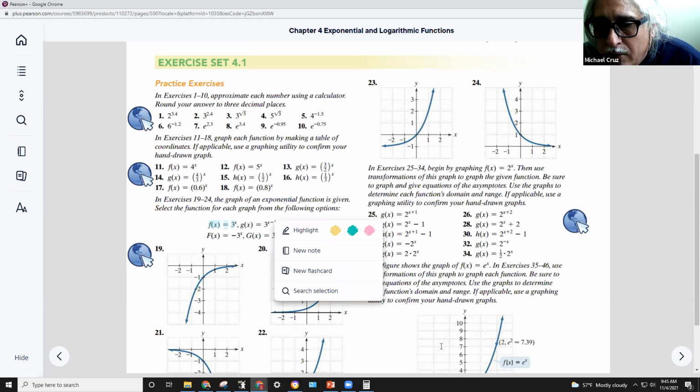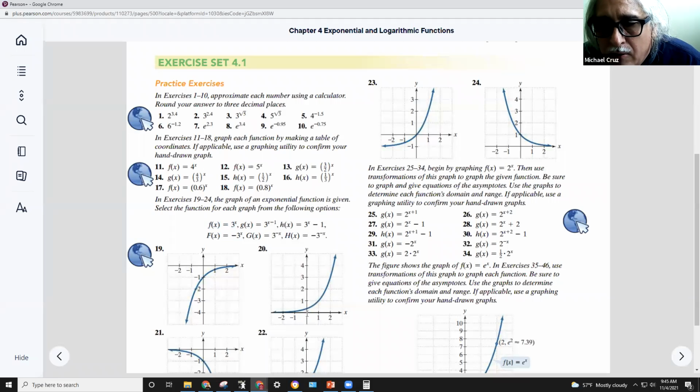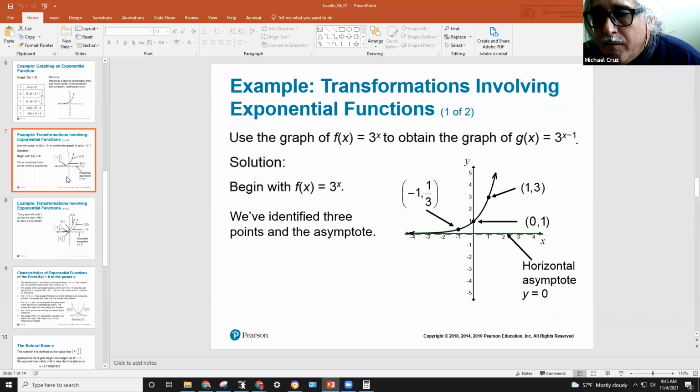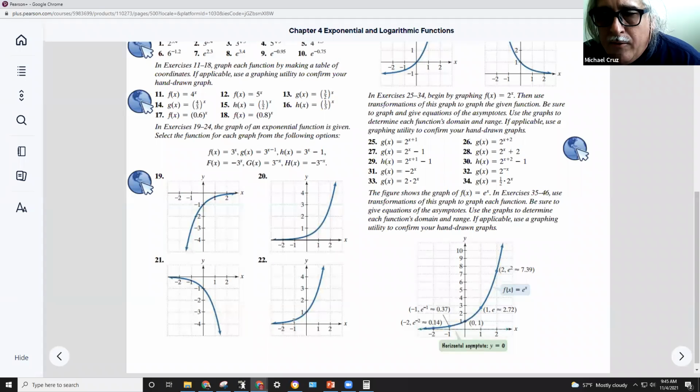That's the one that looks like this, okay? It's actually not going through 0, 1, so it's not that. All right, let's see if I can move out. So this one right here, let's see, this is 1 and 3. So this one right here, 22, is f of 3 of x, because see, we had just done that one on here. Remember, that was this one. See, it's got 1, 3, 0, 1, and then that's -1, 1/3.